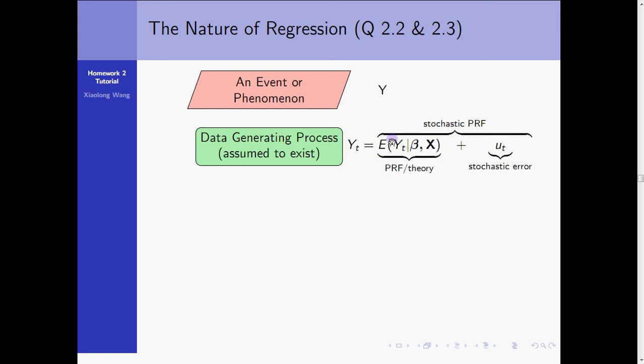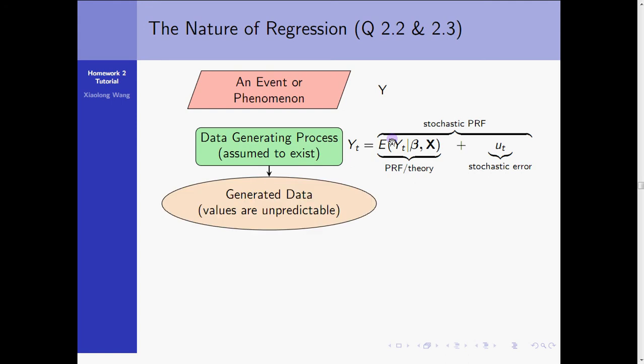So from this data generating process, we get the generated data. Because of the stochastic nature of this process, we know that the value of Y_t is unpredictable. But this generated data is what happened in the real world.